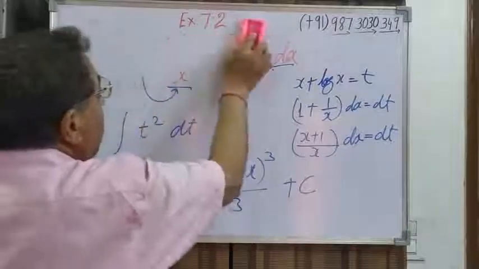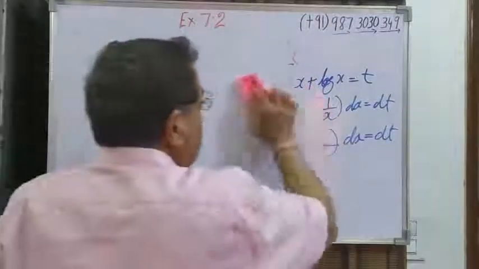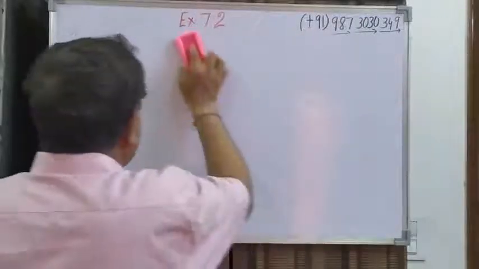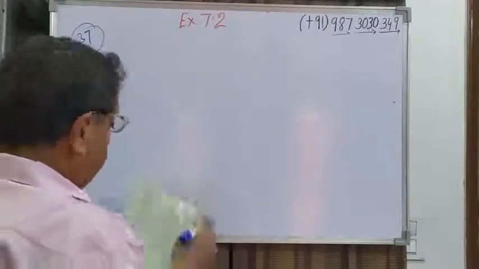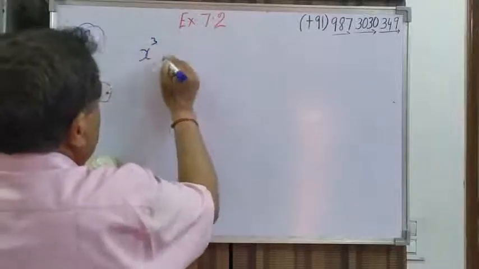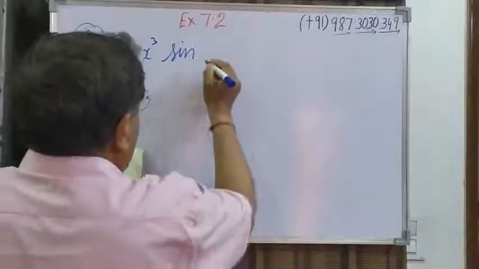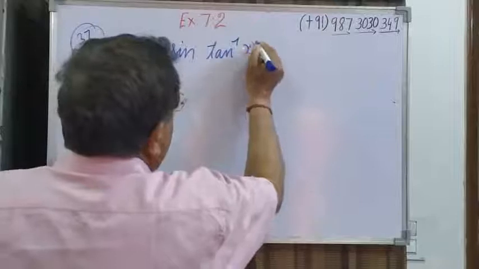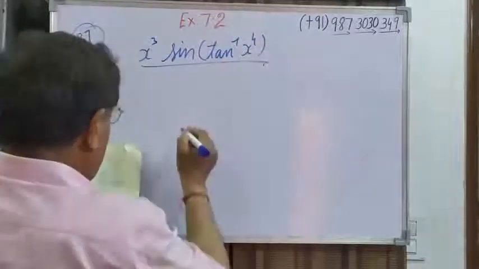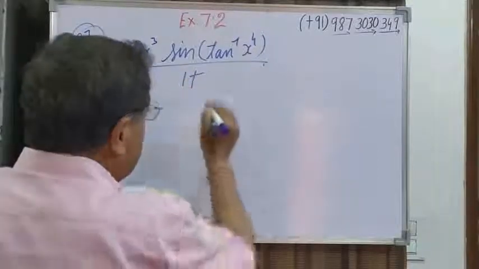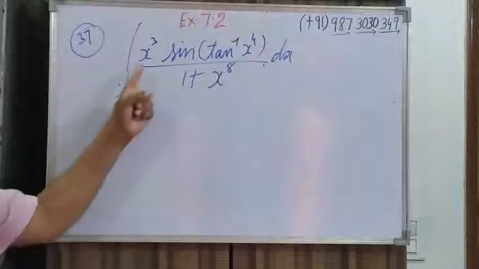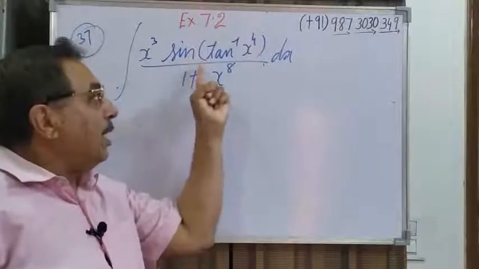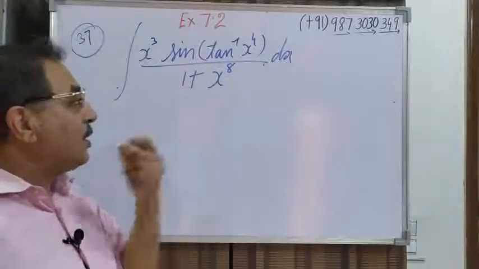The question 37 is the integration of x cube sine of tan inverse x to the power 4 divided by 1 plus x to the power 8, and the integration of this function.